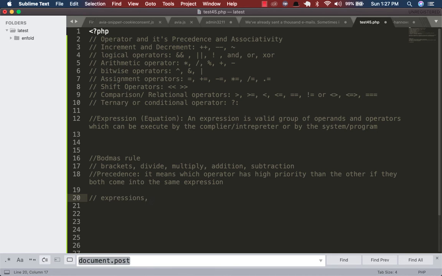You know about expressions, constants, operators, and operands.